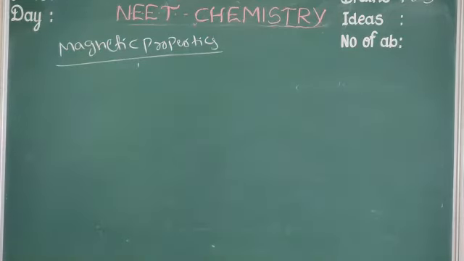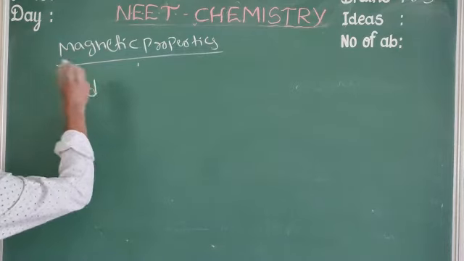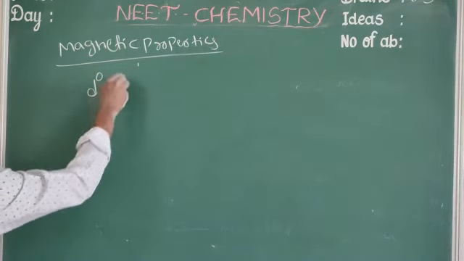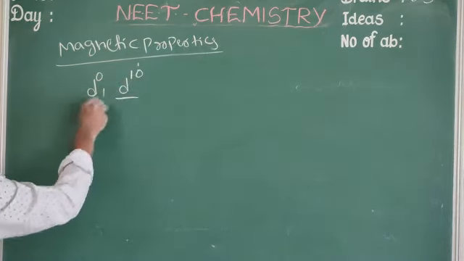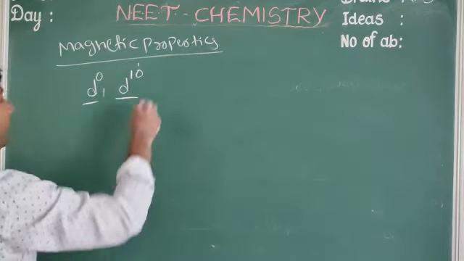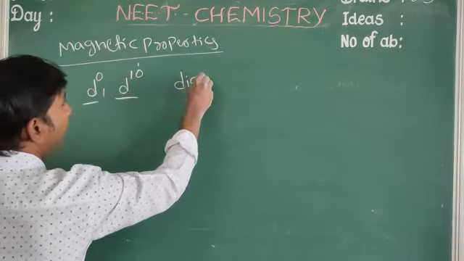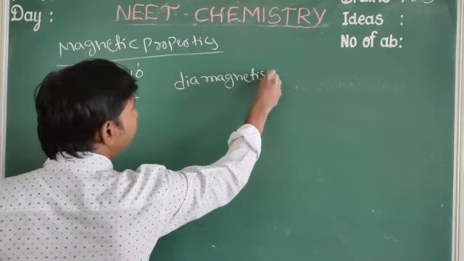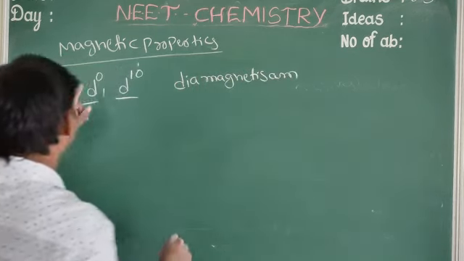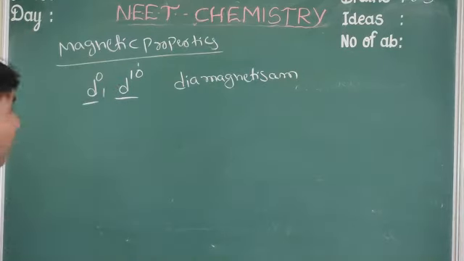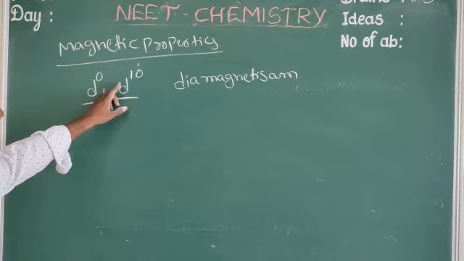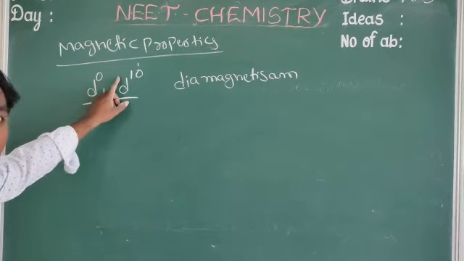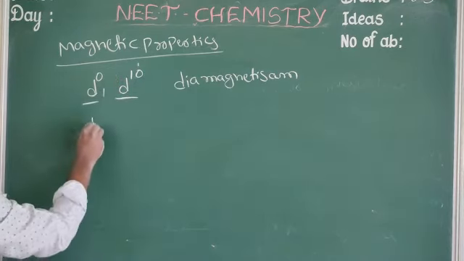See, d0 and d10 are diamagnetic, because d0 has no electrons and d10 has completely paired electrons.